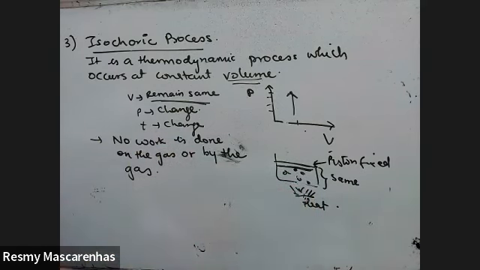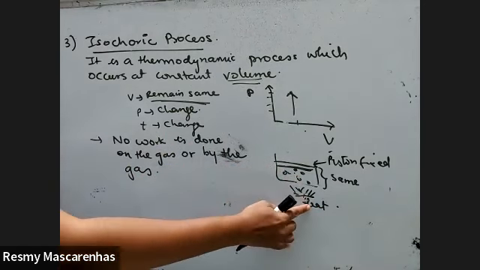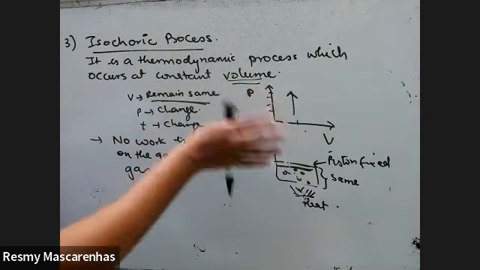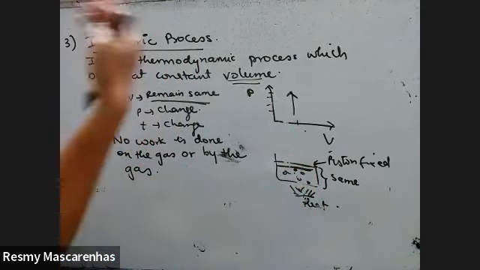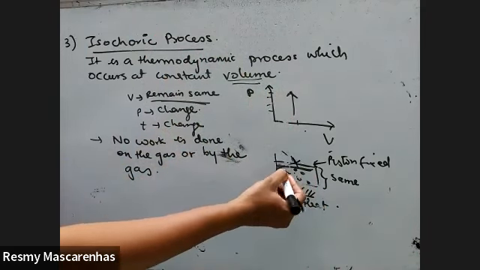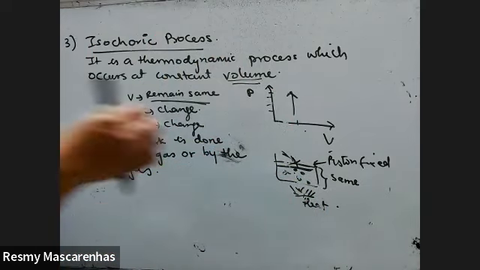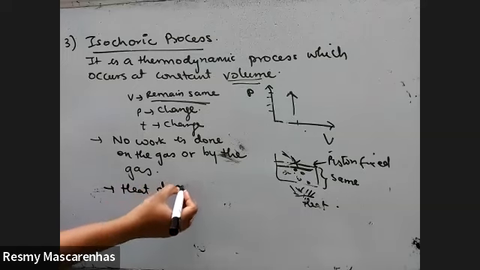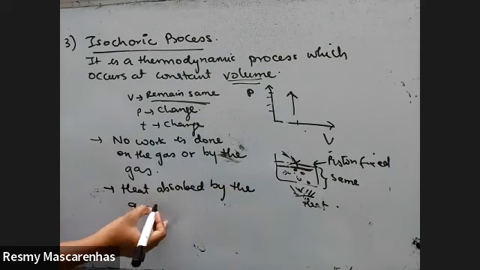the heat absorbed by the gas. I've told you all, the gas's heat can be increased in two ways: one is by providing outside heat, or by doing work. In the adiabatic process, the previous one, heat was not supplied. The only way you could increase the temperature of the gas was by compression or expansion. Now over here, we are keeping this fixed, so we are doing nothing there. The only way we are supplying heat to the gas is through this. So the heat absorbed by the gas is utilized.